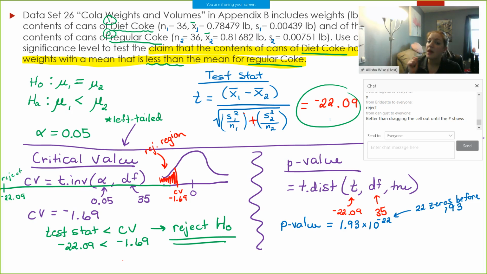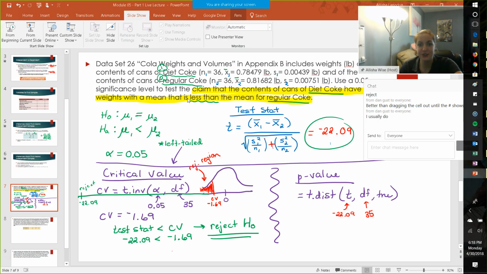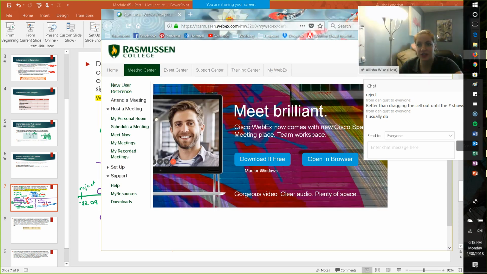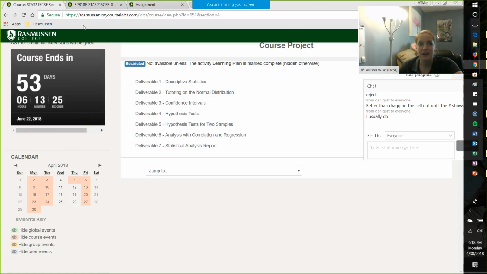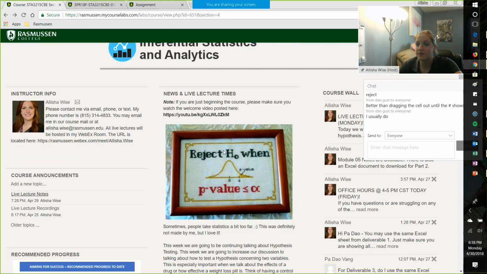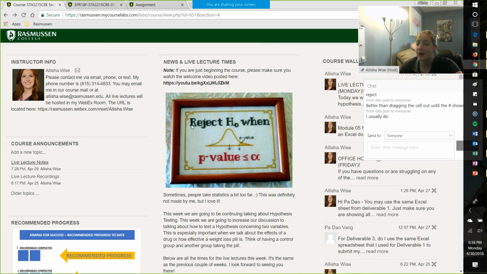Okay, so when we're doing the p-value, we need to compare it to our alpha, kind of like that really dorky picture I posted in the course. Did you guys check out my really dorky picture? Grandma always said to reject the null hypothesis when your p-value is less than your alpha.